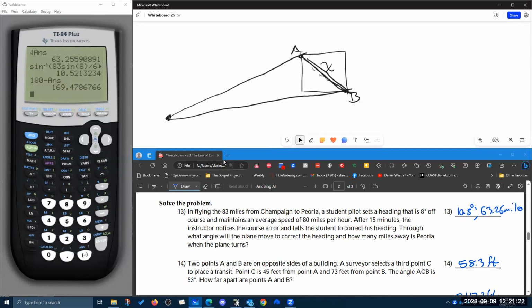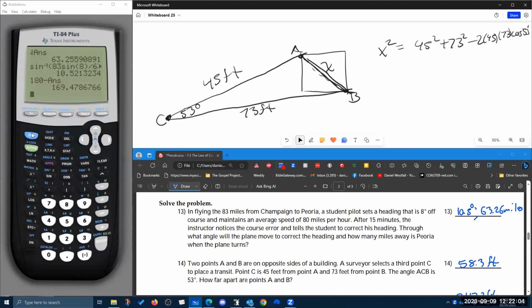If we know that the distance from the transit point C to point A is 45 feet, and from the transit point C to point B is 73 feet, and that this angle is 53 degrees, we should be able to say that x squared is equal to 45 squared plus 73 squared minus 2 times 45 times 73 cosine of 53 degrees.